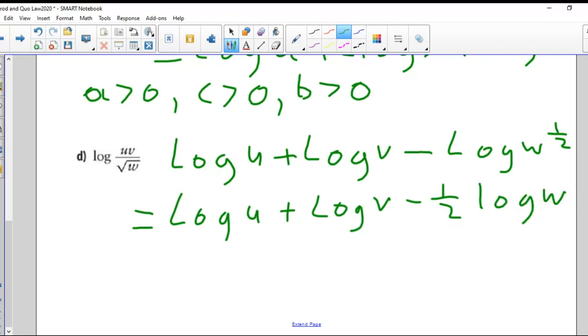And very quickly, since we're running out of time, it means that u and v and w must be greater than 0.